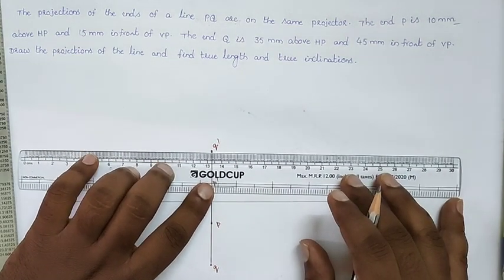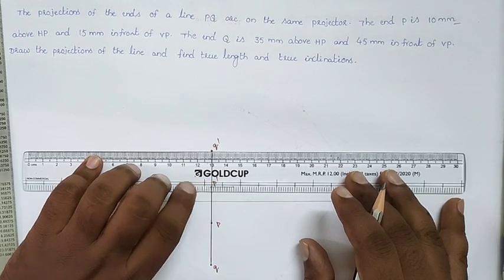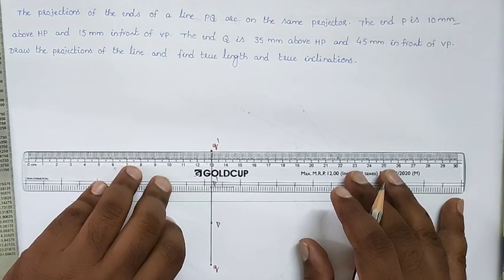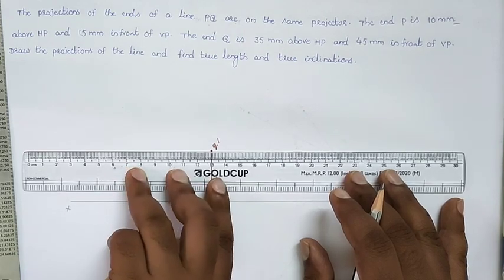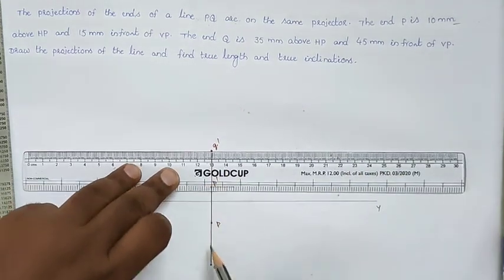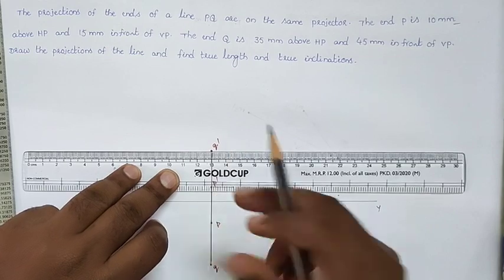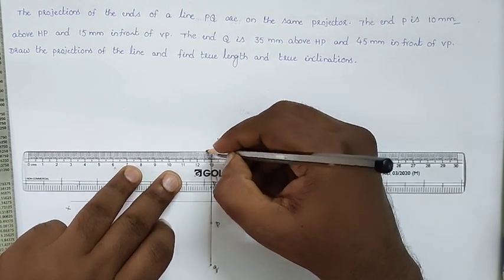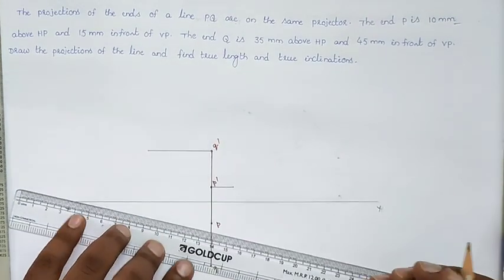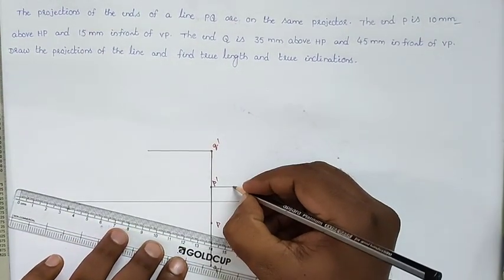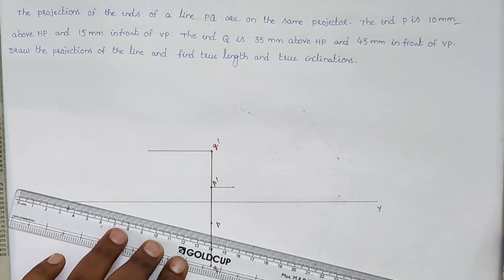Q dash, the opposite dimension of Q is here. So what is this dimension? Total dimension 45. You can take 45 in this manner, like that.